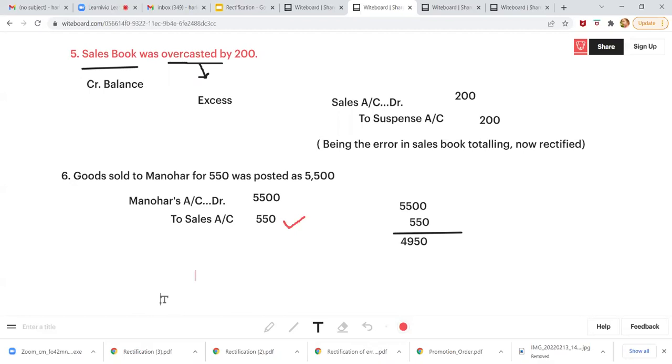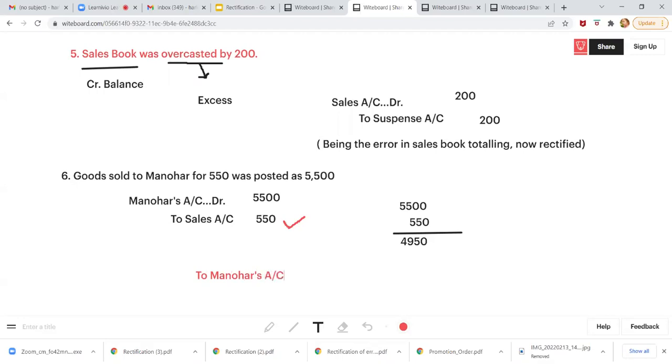First we have to credit the Manohar's account. As you can see, there is an excess on the debit side, so to nullify this effect, we will credit it. So we have to credit the Manohar's account here.